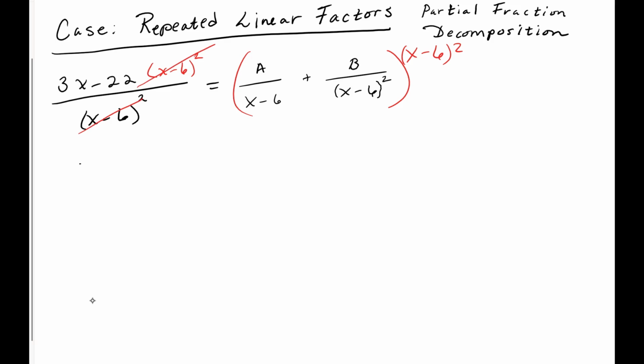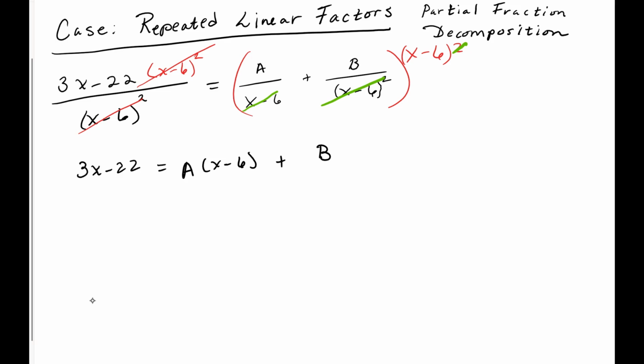We end up with 3x minus 22 equals, and we're going to be left with x minus 6 squared over x minus 6, A times x minus 6, plus just a single B, because here this crosses out, and over here only one crosses out, so you're left with just crossing out the 2, and A gets multiplied by x minus 6.